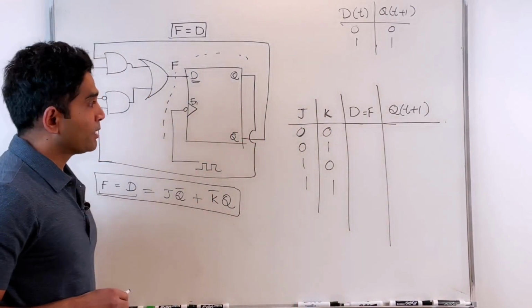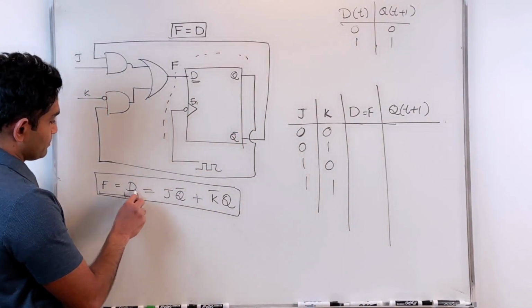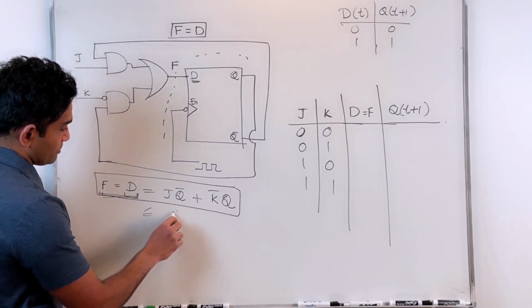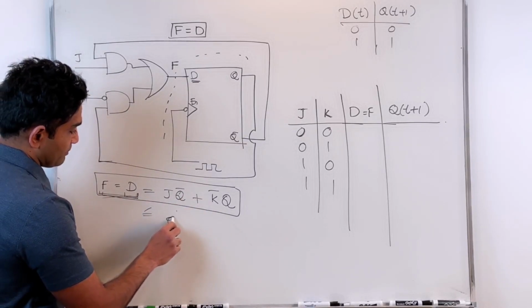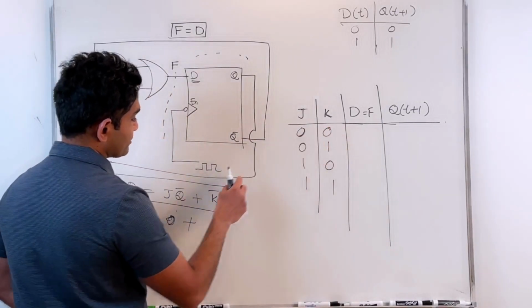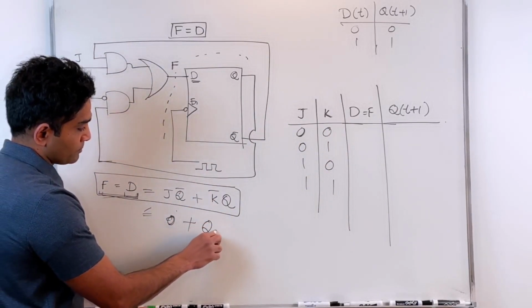Now, if I place J and K to be 0, 0, what is my D? If I place J to be 0, that becomes 0, plus K to be a 0, that means K prime is a 1, that becomes Q, right?